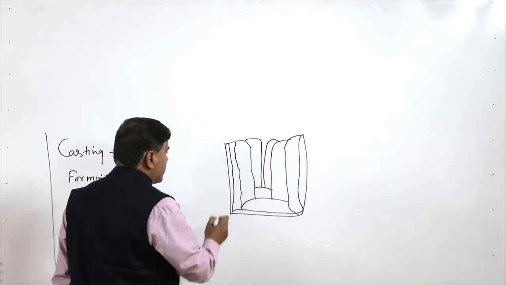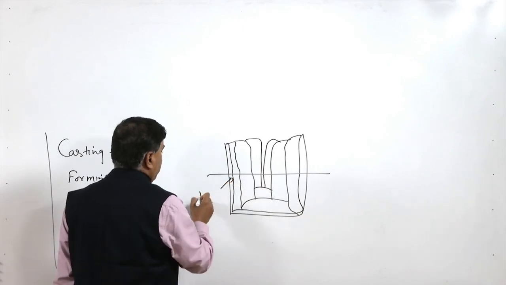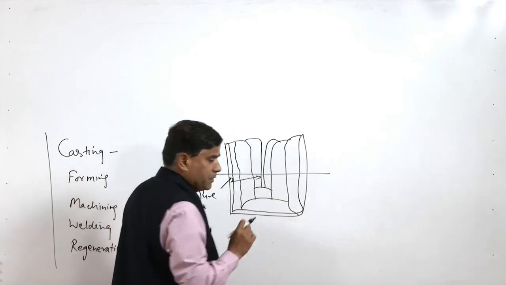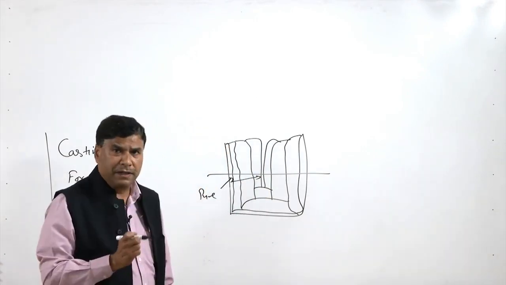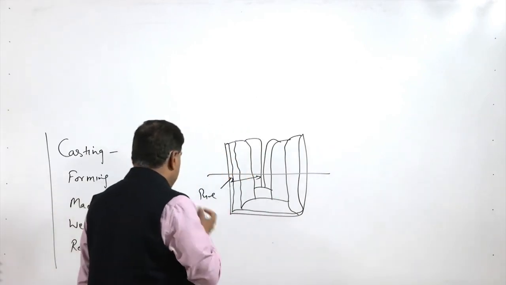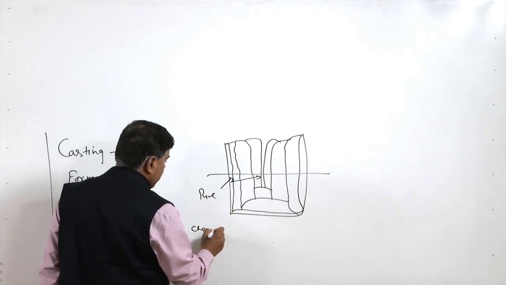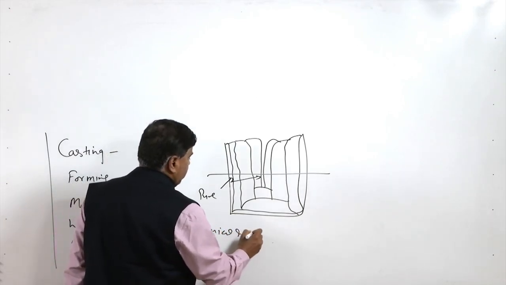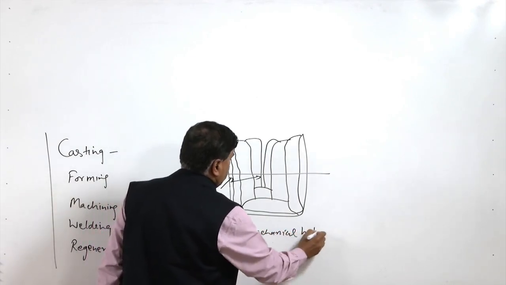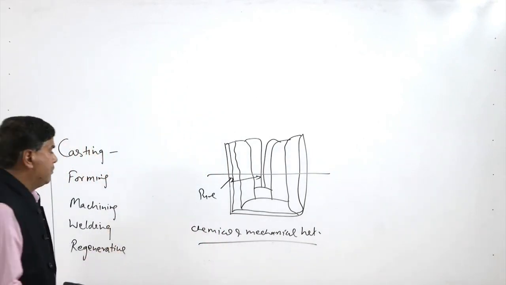So, it starts with the purest metal at the boundary, and then impurity concentration keeps on increasing up to the center. So, more segregation takes place in the cast components, and that in turn leads to the chemical and mechanical heterogeneity in the properties and the composition of the casting.